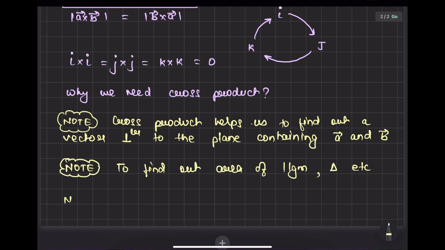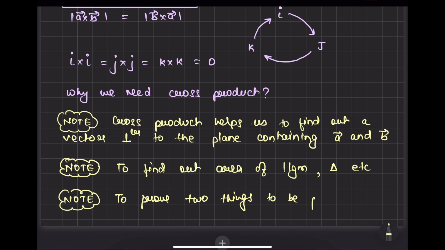Also, if you need to prove two things to be parallel. Two things to be parallel means what?